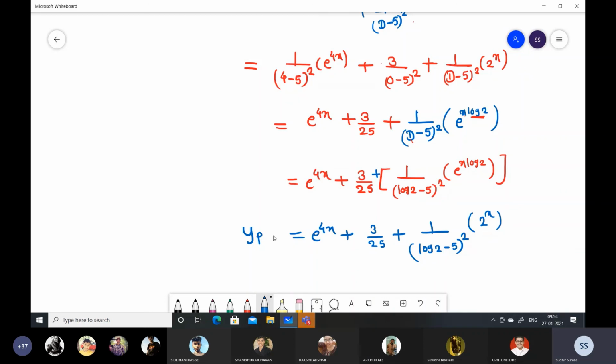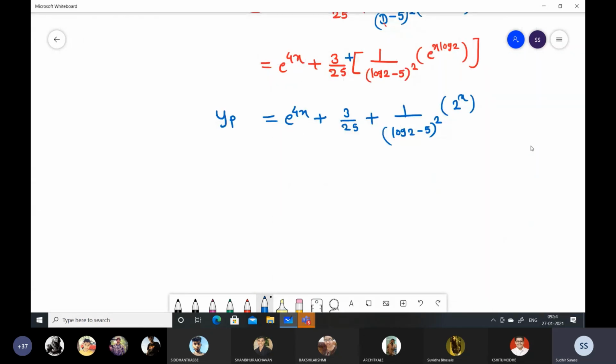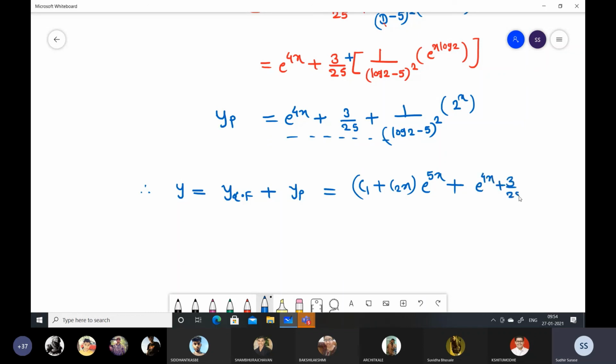Finally we write y is equal to ycf plus yp, that is, C1 plus C2x times e to the power 5x, and this particular integral as it is: e to the power 4x plus 3 by 25 plus 1 upon log 2 minus 5 whole square times 2 to the power x.